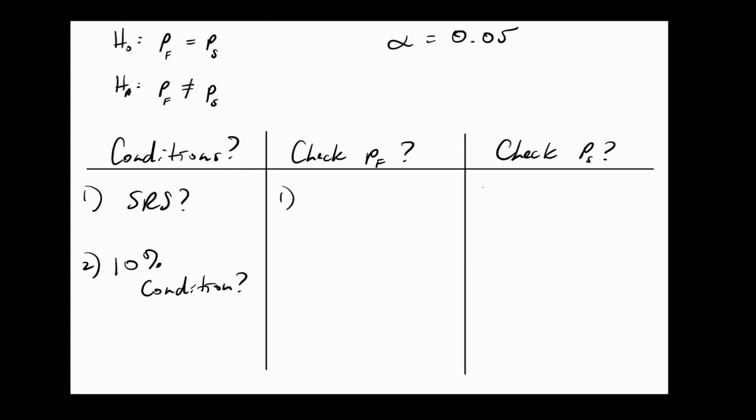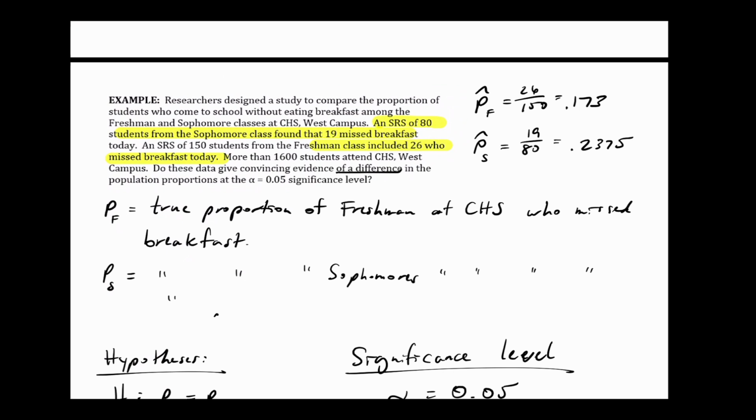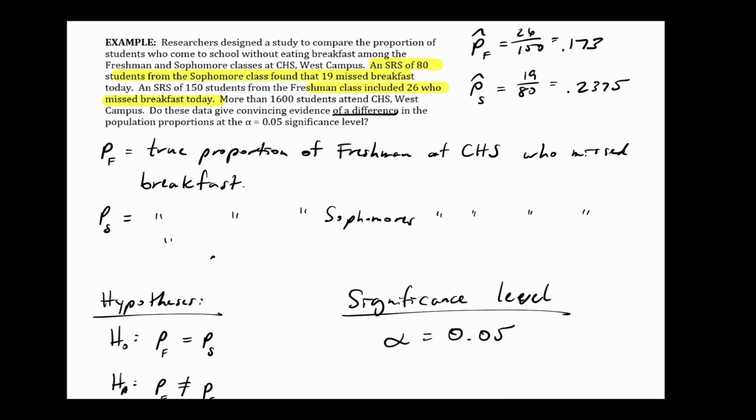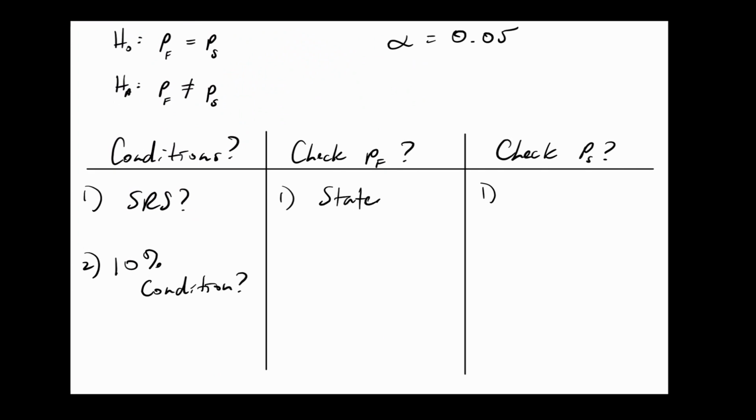So let's see, how was each sample gathered? It does say SRS for each: SRS of 150, SRS of 80. So we say stated.